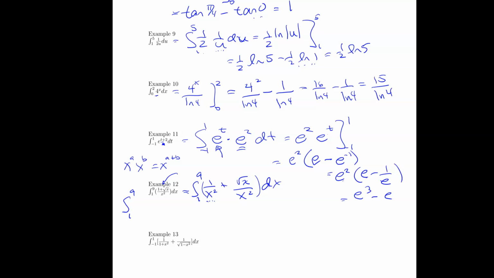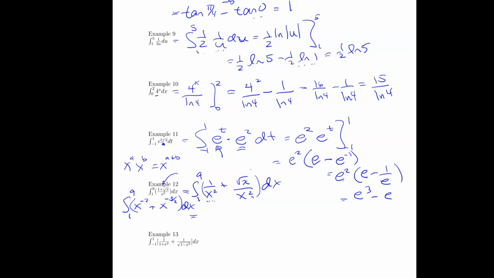So this would give me x to the negative 2 power. This is x to the 1/2, and that's x squared. So if I pull it up to the top, I would have plus, and I would get 1/2 minus 2, so that's x to the negative 5/2 dx.